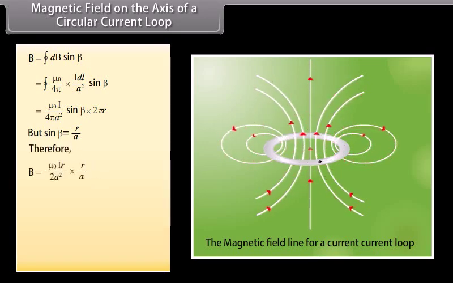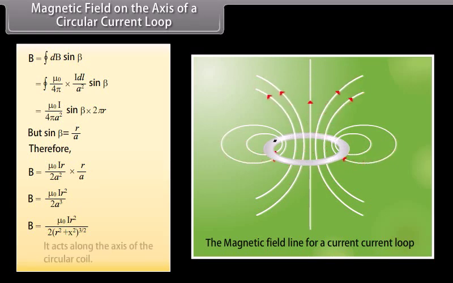Therefore, total magnetic field at P is equal to mu naught I r square divided by 2a cube. We can also write this equation as mu naught I R square divided by 2 times (R square plus X square) raised to the power 3 by 2. This magnetic field acts along the axis of the circular coil.